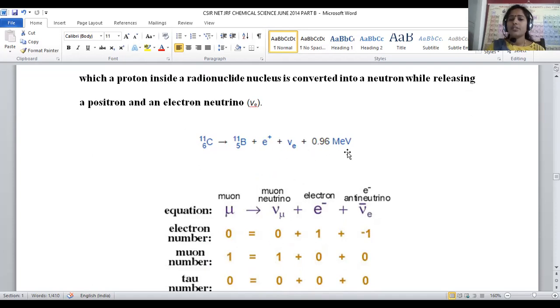Along with this emission, there is a possibility of a larger extent of energy release. Radioactive decays are always said to be exothermic, so energy emission is possible. Here during this transformation, 0.96 mega electron volts of energy will be generated, right? So one is a beta plus particle, another is a neutrino that will be discarded.